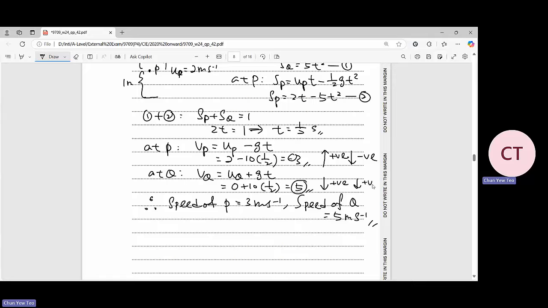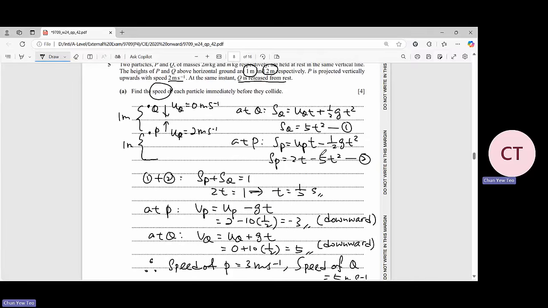That means Q still remains going downward. So this is something you have to be aware of. We can put a highlight or remark here to mention that this is going downward. This is also going downward. Both of them are moving in the same direction immediately before they collide. This is important for us to go and do part B.